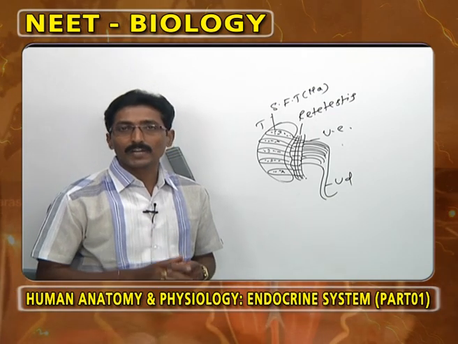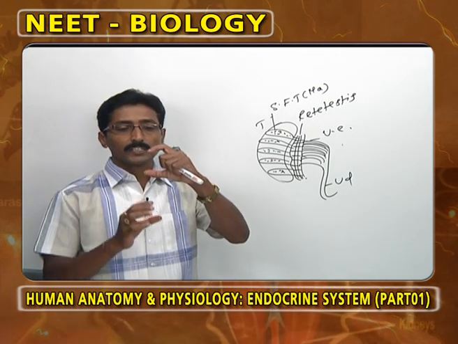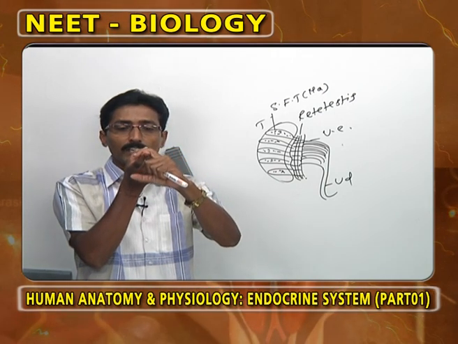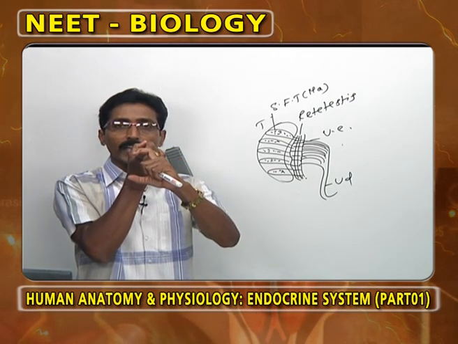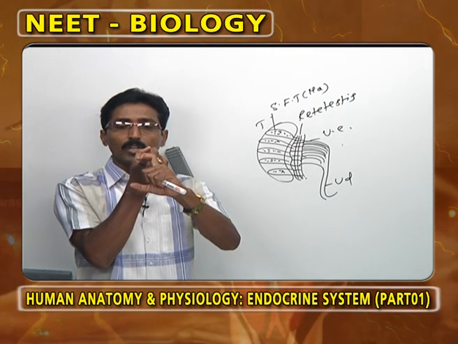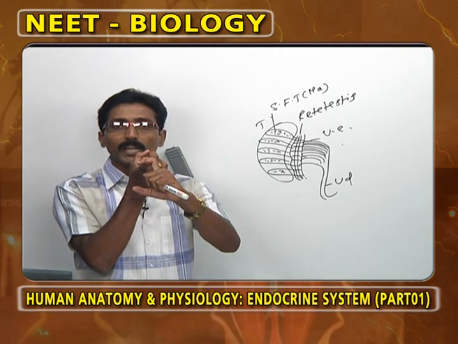What about implantation? As we observe, this one we call the mother's uterus. In the mother's uterus, the embryo attaches. The process of attachment of the embryo to the mother's uterus, we call implantation.